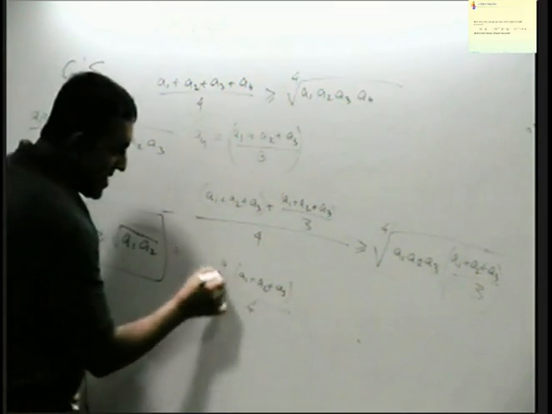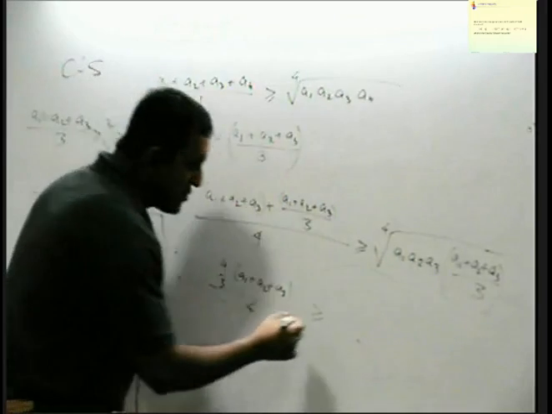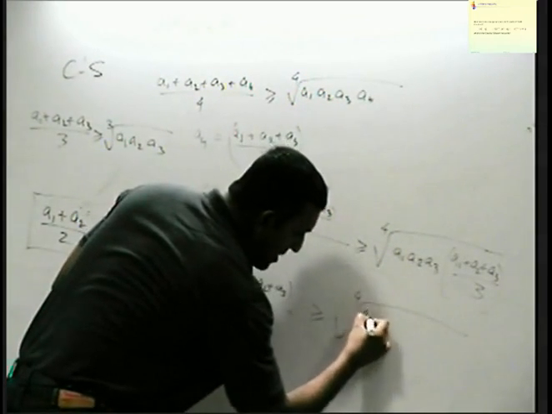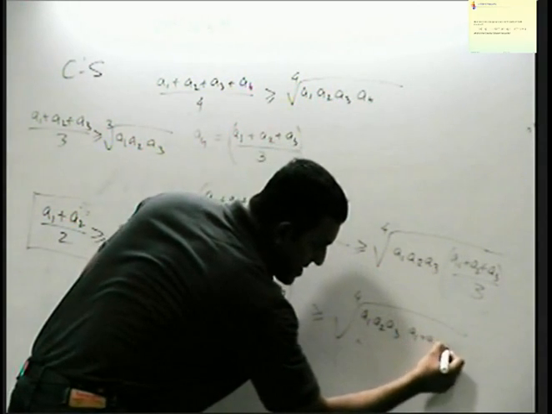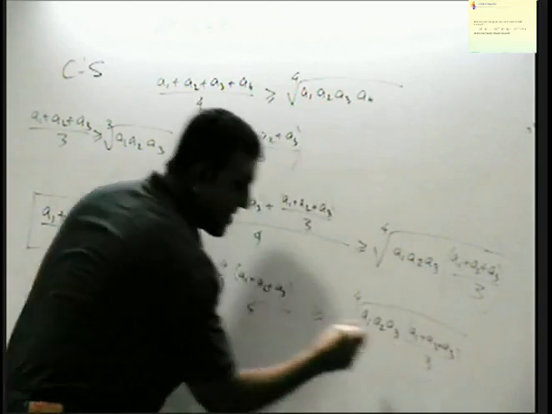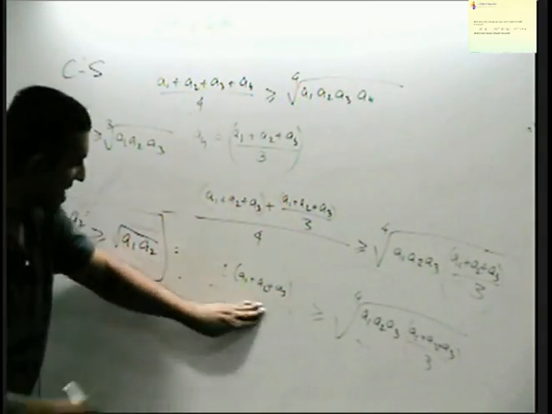Now what you have is a by 3. And there's a pesky 4 here too, on the 4th root of a1, a2, a3 and (a1 plus a2 plus a3) by 3. So this 4 goes away, and now this expression becomes by 3.